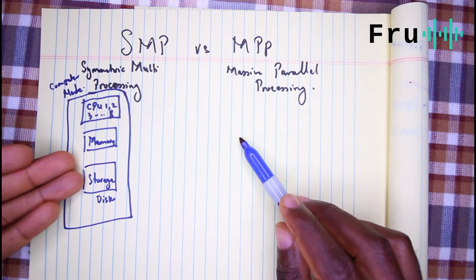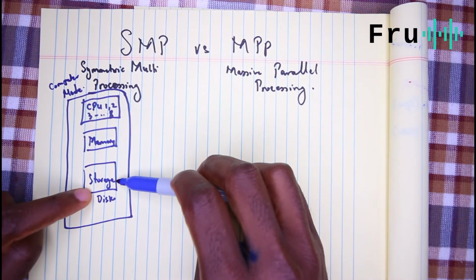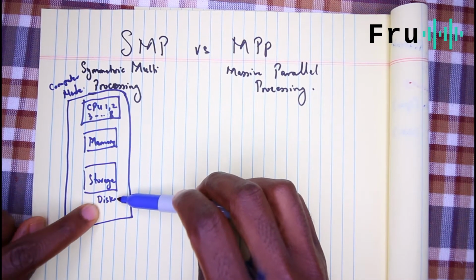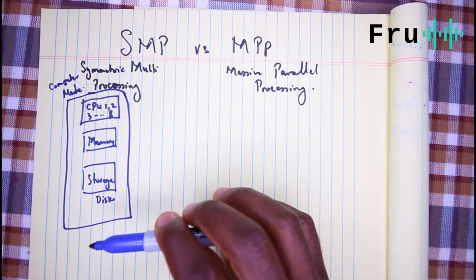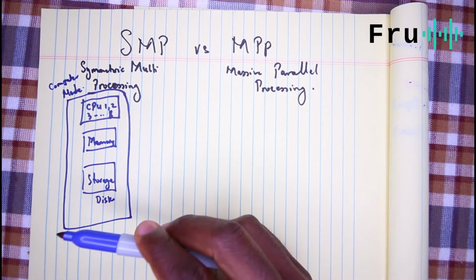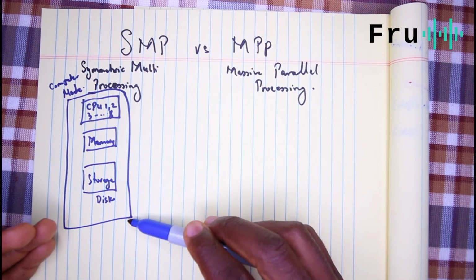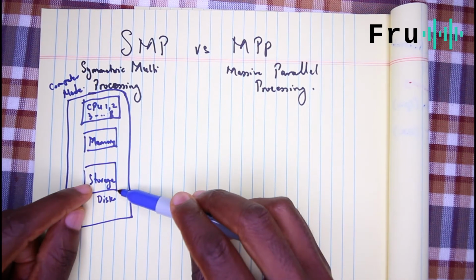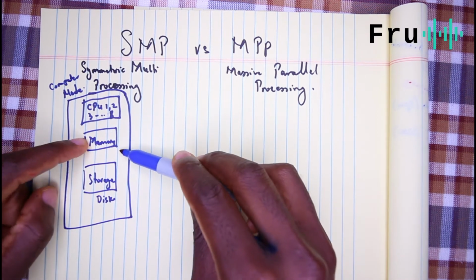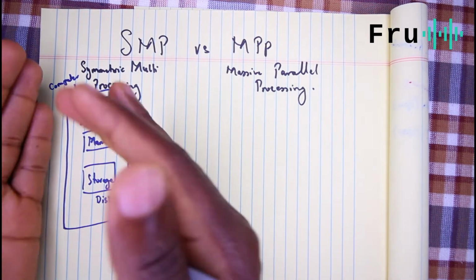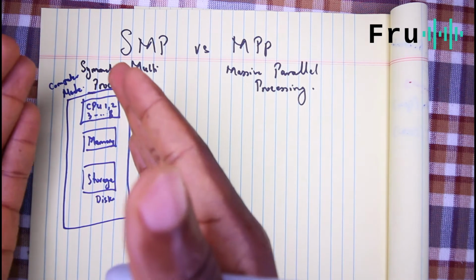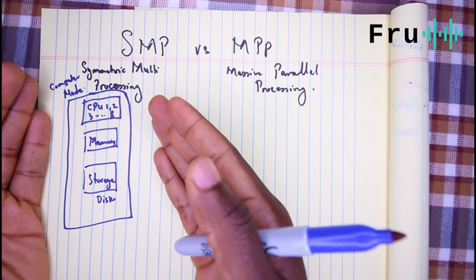It's thinking about what I need: storage, which is disk, your C drive, your D drive from a personal perspective, but for big companies, they're using way more robust storage. And then they have memory and a CPU. They package all of this, and this is the SMP.